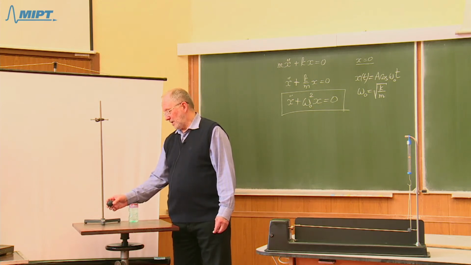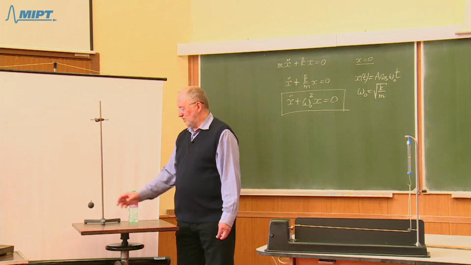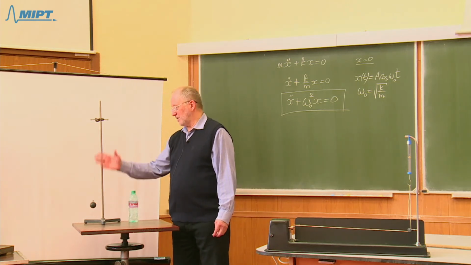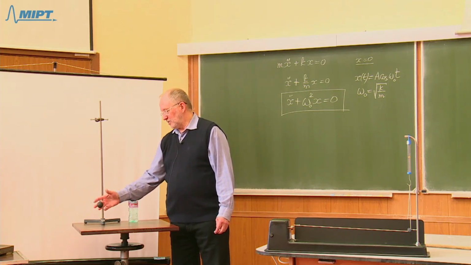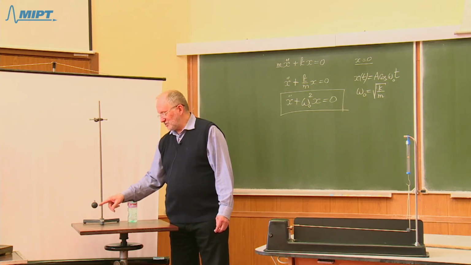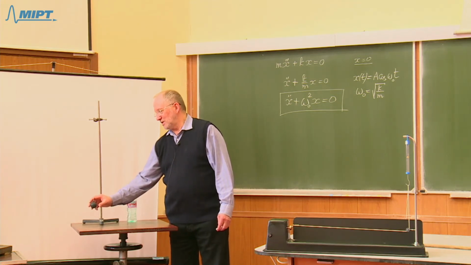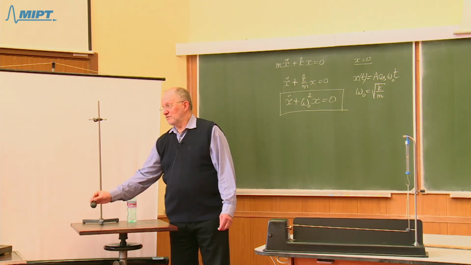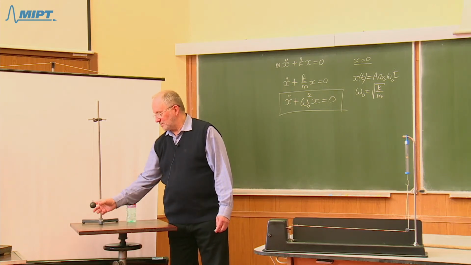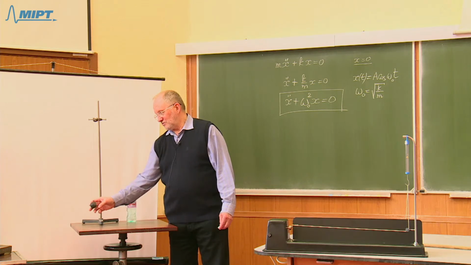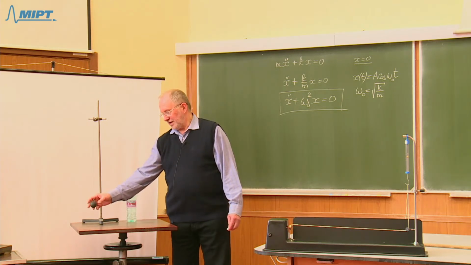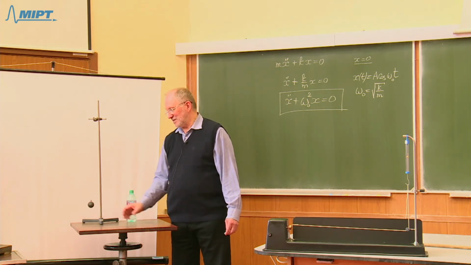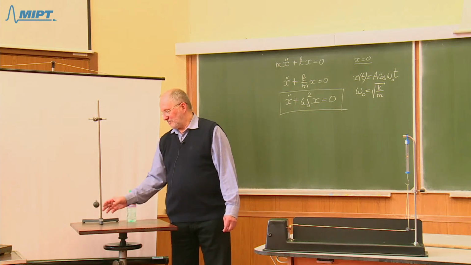A mathematical or ideal pendulum is defined as a small body hanging on a thread and capable of oscillating, provided the size of this body is much smaller than the length of the thread. If the thread is much longer than the diameter of the ball, then this is a mathematical pendulum at a high degree of accuracy.